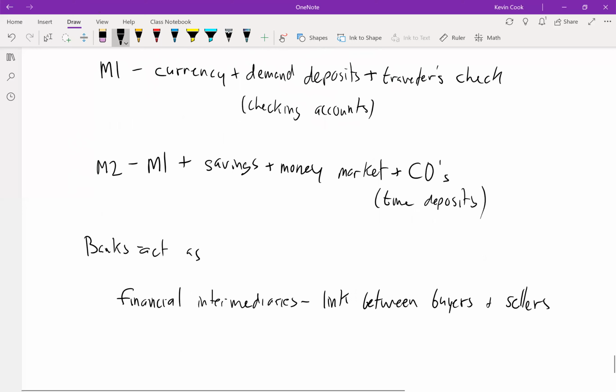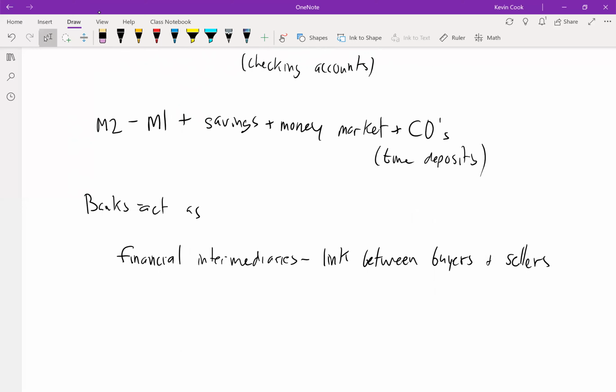And banks do us a nice service. So first we think the purpose of them is linking buyers and sellers, right? That's one point. But they also act as a medium. They also help facilitate the movement of money.